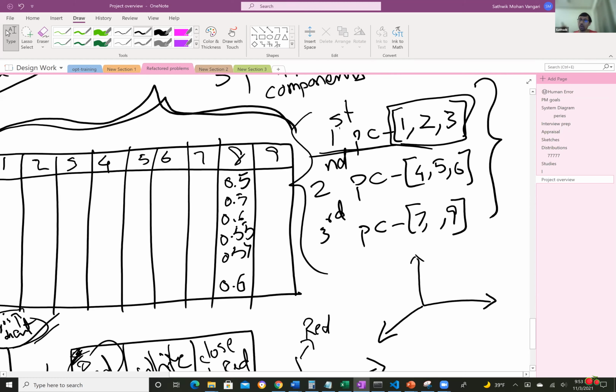Now, age, salary, and location, the combination of this, what do you name it as, really? How do you define this? You can't really have a definition for the combination. It's just called a principal component.